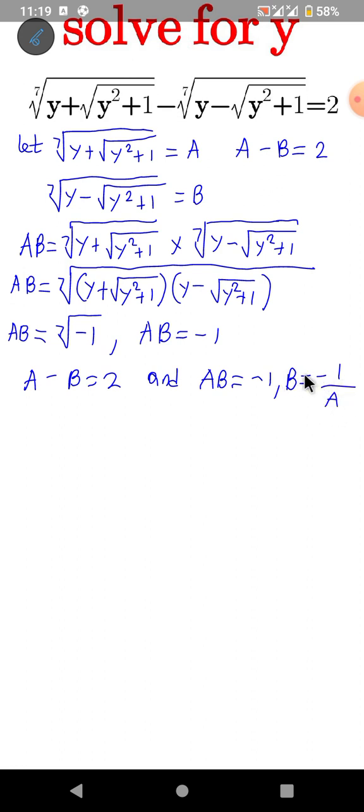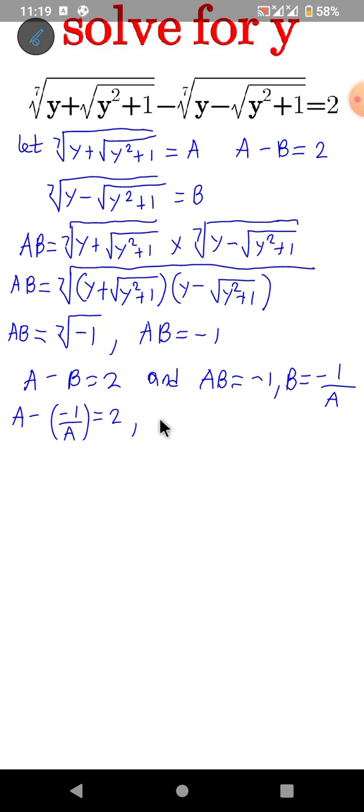So I'm going to substitute this b equals minus 1 over a in a minus b equal to 2. So I'll write this a first, minus, then b, minus 1 all over a, so that means minus minus 1 over a equal to 2.